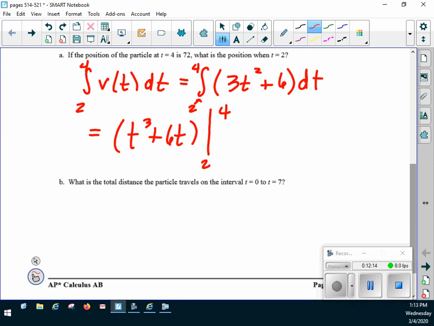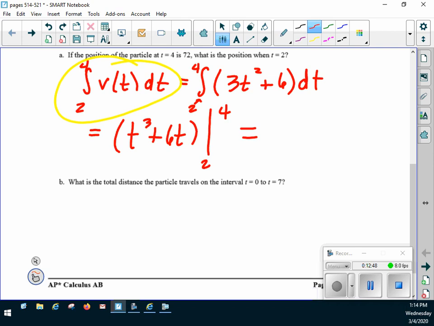Now, I want to make a comment right here. We're trying to find out what the position is at 2, right? Now, I know a couple things. I know all of this to be true that I've done so far. But I also know that this has to equal, pretend that I did not know what the function was, and all that I knew was this.